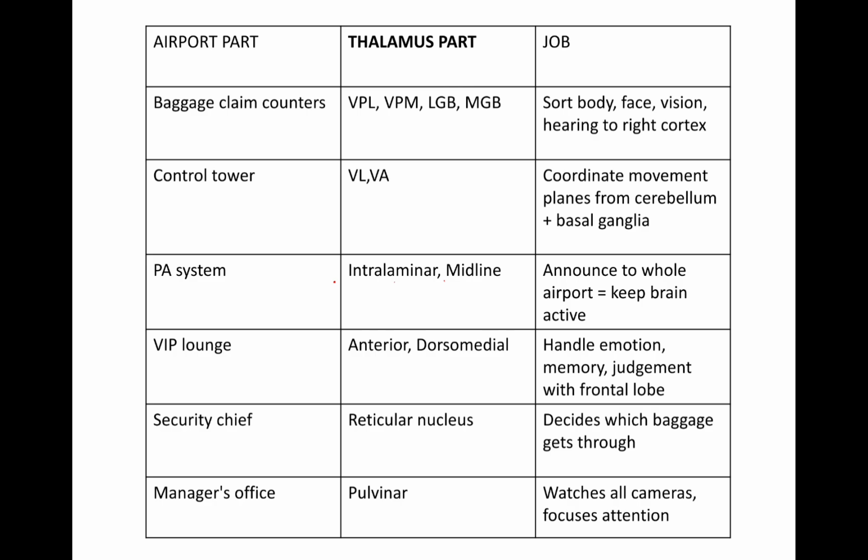It decides which baggage goes in and which does not. Next is the manager's office. The thalamus part which acts in a similar way is the pulvinar. What will it do? It watches all cameras and focuses attention basically.